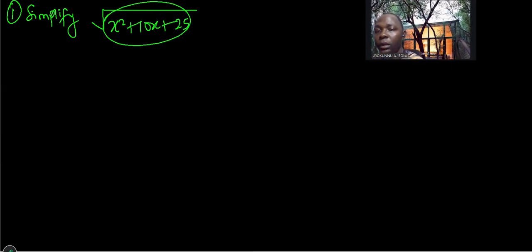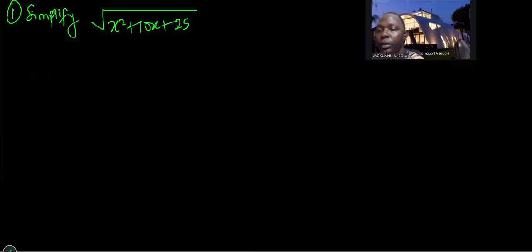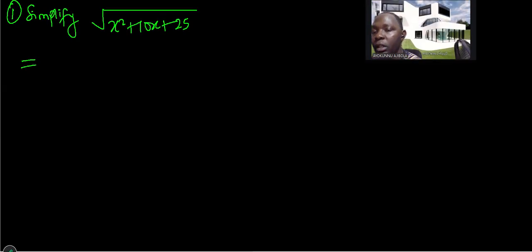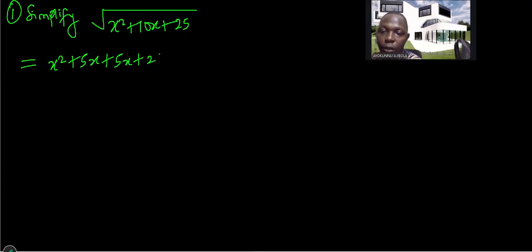If we look at it, it looks more like a perfect square. So we look for two numbers that multiply to give us 25 and add to give us 10, that's 5 and 5. So we have x squared plus 5x plus another 5x plus 25, still inside the root.